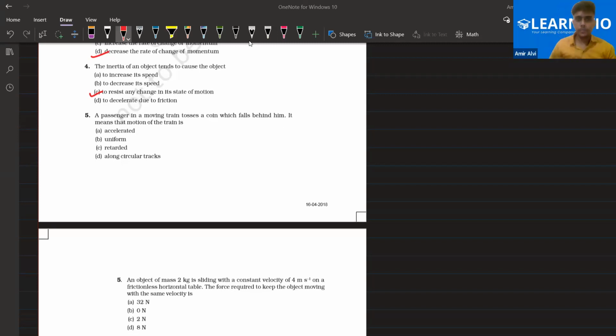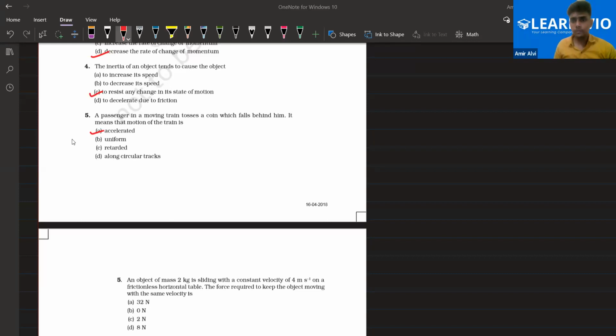So basically a coin is tossed in a train and it falls behind, it means that an acceleration is acting, or you can say the motion of the train is accelerated motion. ठीक है? Clear everyone?